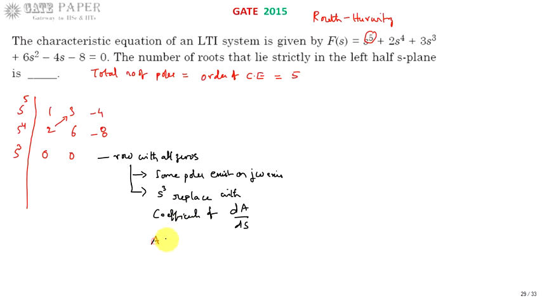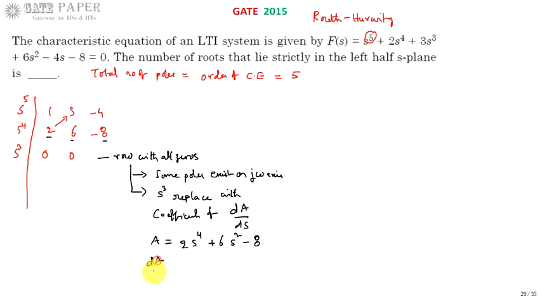The auxiliary equation is formed with the coefficients just above the all zeros row, that is s power 4. So this is 2s^4 + 6s^2 - 8. The auxiliary equation is 2s^4 + 6s^2 - 8.